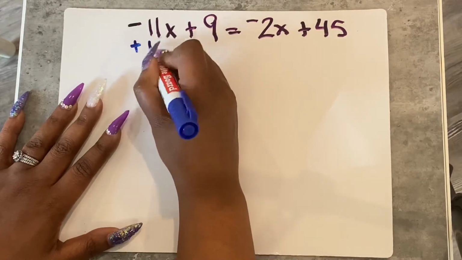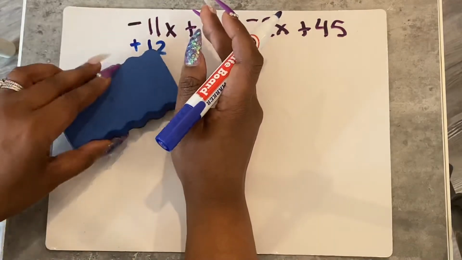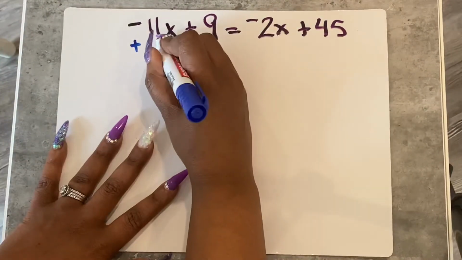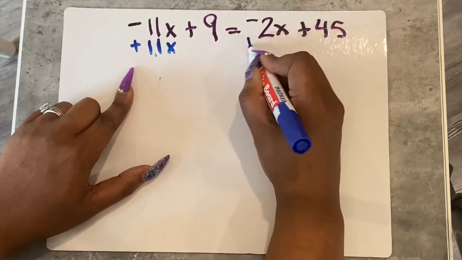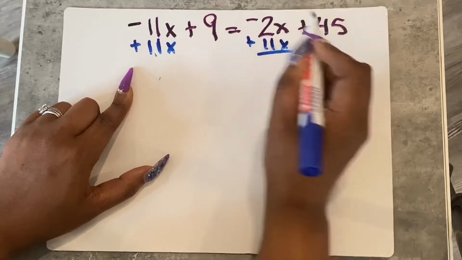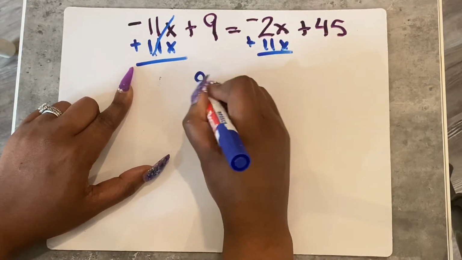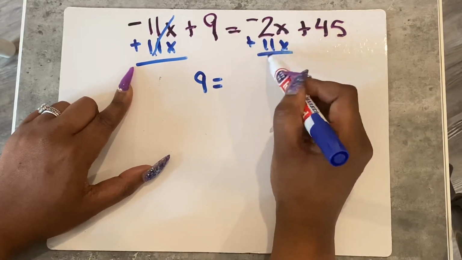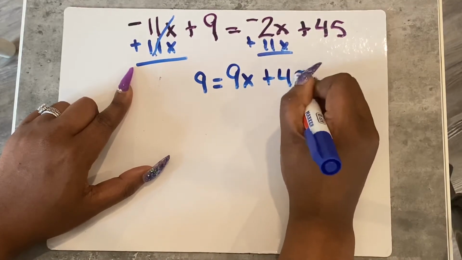I'm going to do my inverse. I'm going to add 11x to both sides. We know that this zeroes out, and I bring down what I didn't use. Negative 2x plus 11x is going to give you 9x.